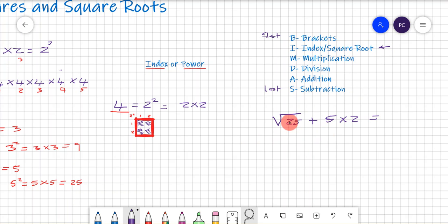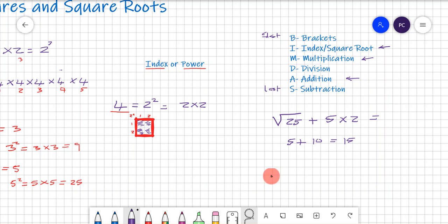This square root comes first, so I have to do this first, then it's followed by multiplication, and then it's followed by addition, so I have to do the addition last. So what does that look like? The square root of 25 is equal to 5, plus 5 multiplied by 2 is equal to 10, and if I add these together, that's equal to 15.